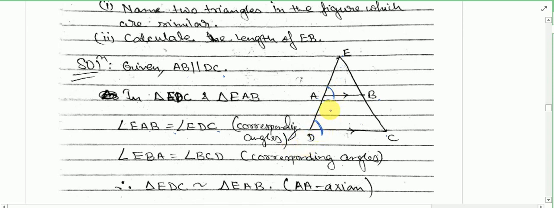Corresponding angles. Why? Because AB is parallel to DC. Then I observe that angle EBA is equal to this angle. Reason is same, corresponding angles. So you can see that two angles are equal. Therefore, these two triangles are similar by this condition, angle, angle, angle.